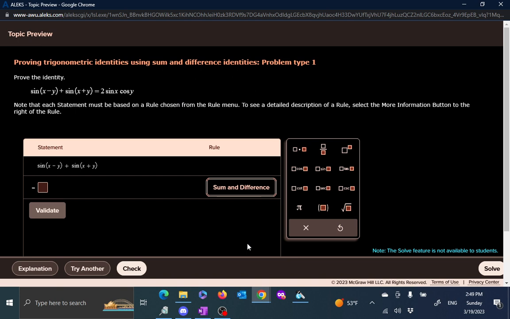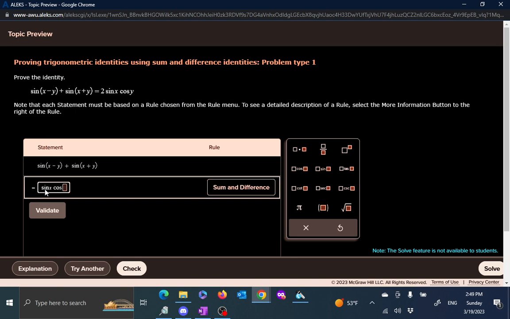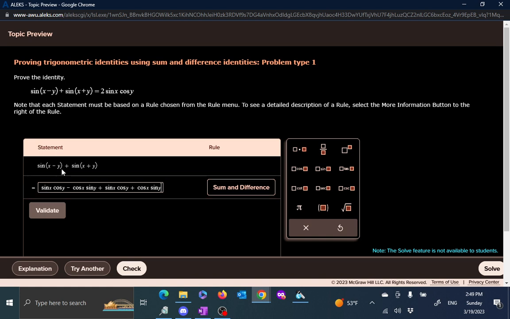So here you're just using sum and difference, where we are going to write just what I wrote: sine of x cosine of y minus cosine of x sine of y, and then we add to it the second piece, which is plus sine of x cosine of y plus cosine of x sine of y. So we expanded this one and that one, and I wrote what I will get. Let's see if the software is happy with that.